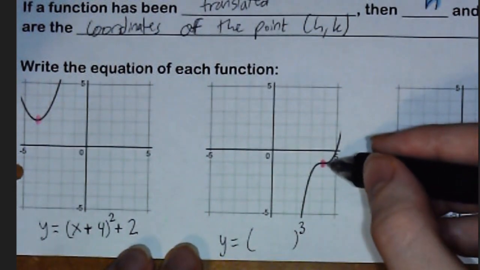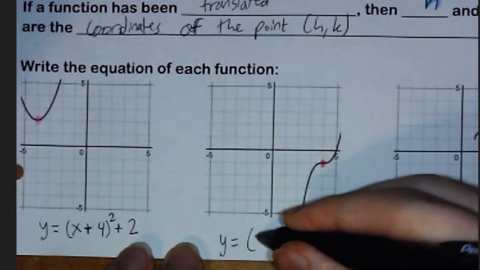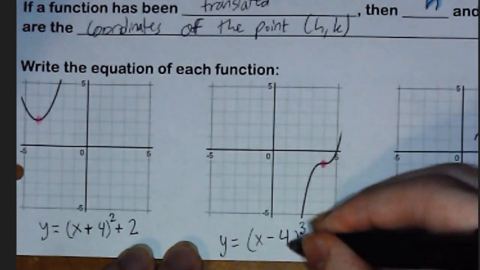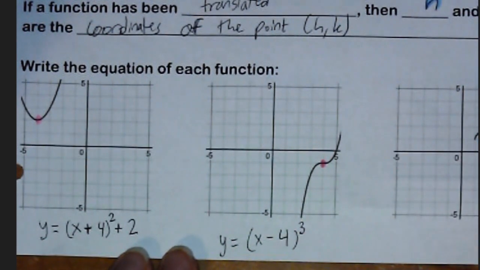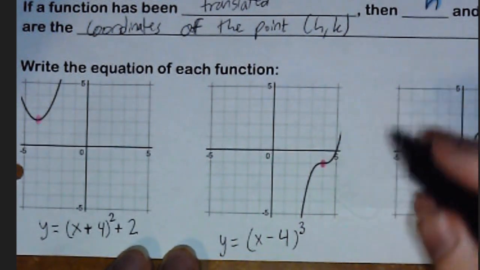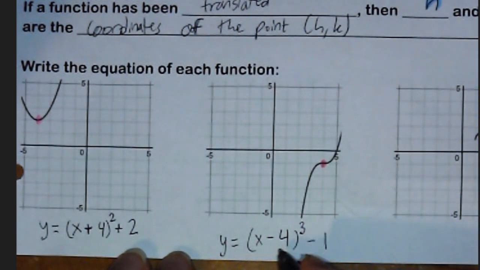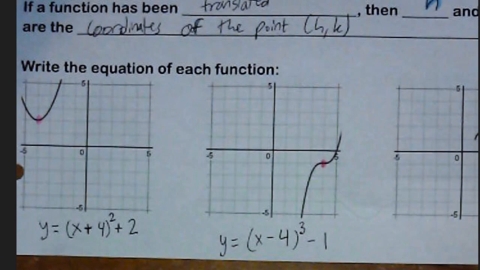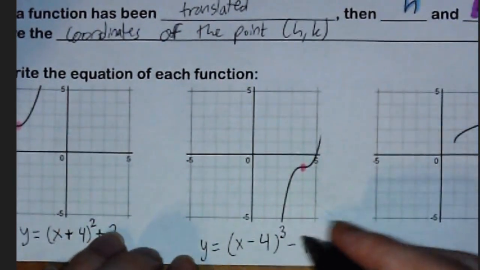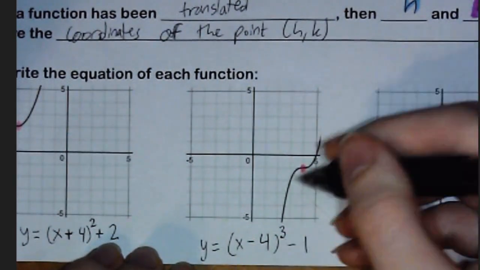Now h is positive 4 this time, so we're going to have x minus 4. K is negative 1. So we're going to keep that sign the same. Remember, h is backwards, but k is the same. And it's cubed here, because this is a cubic function.